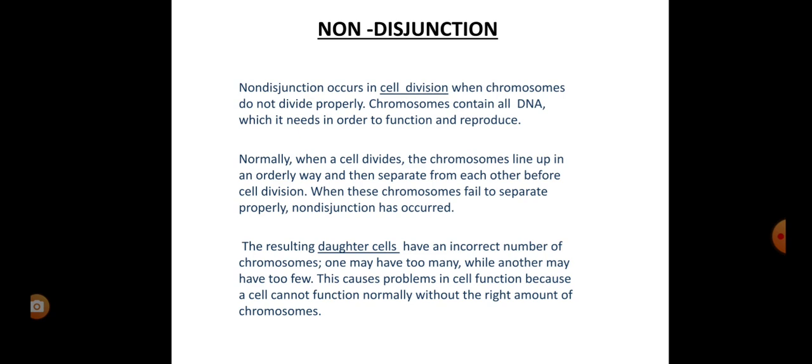So during non-disjunction there is malfunctioning of the cell because the chromosomes cannot separate properly, and when the daughter cells form, they have either fewer chromosomes or a higher number of chromosomes.